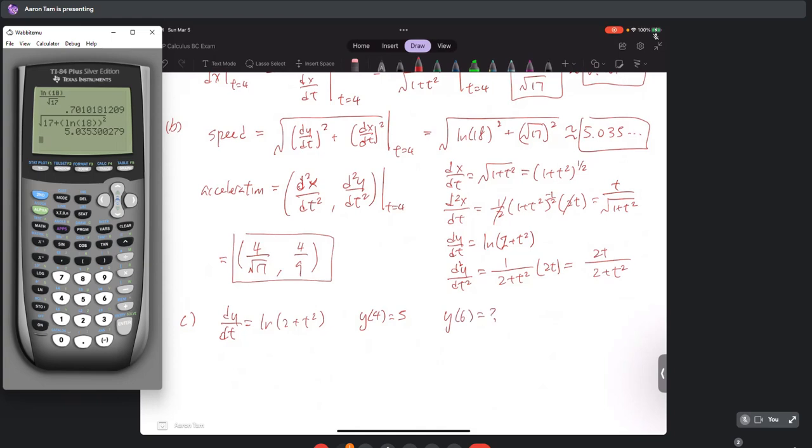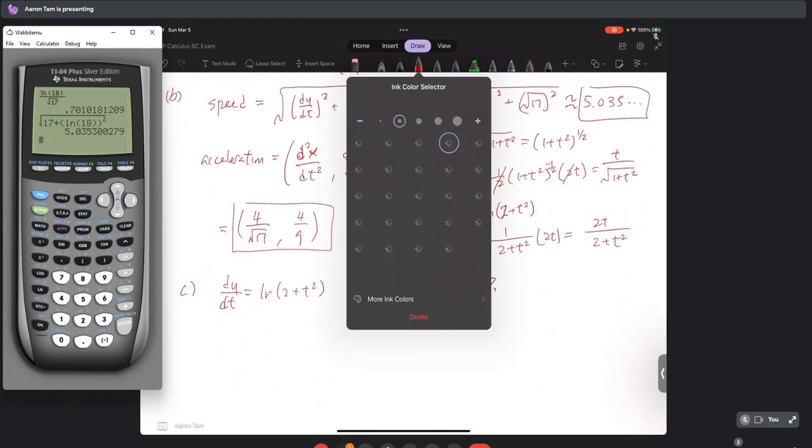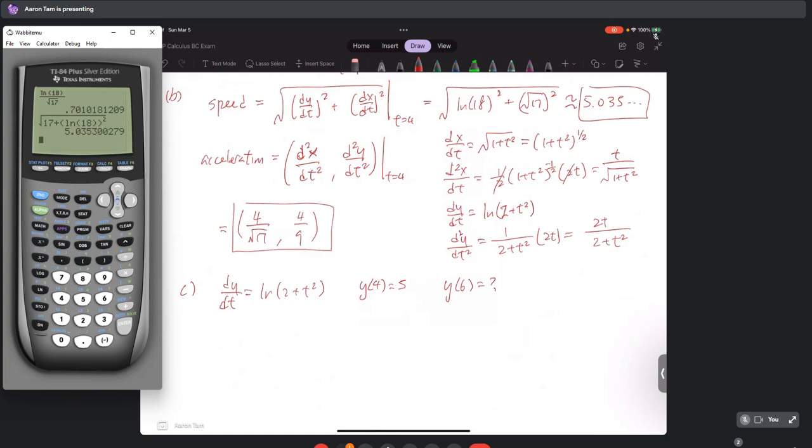So the best way to set up the problem is to use what I like to call the fundamental theorem of calculus. Here we talk about 2 different time intervals that you're working with, 4 and 6. So I'm going to say the integral from 4 to 6 of natural log of 2 plus t squared dt.